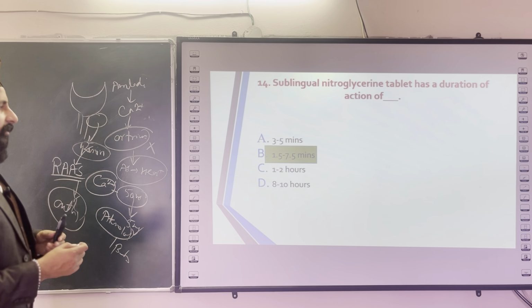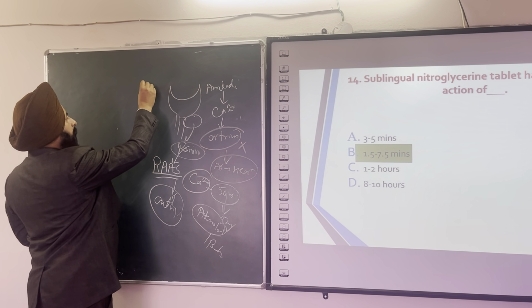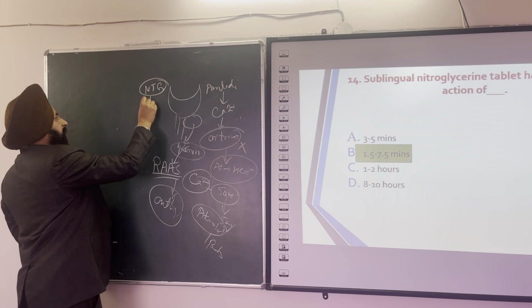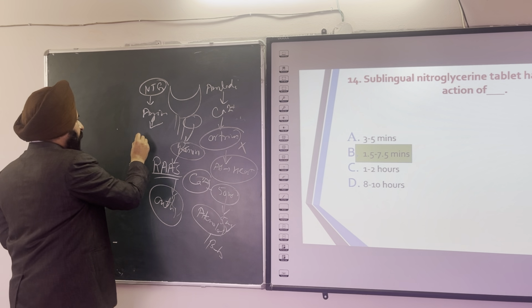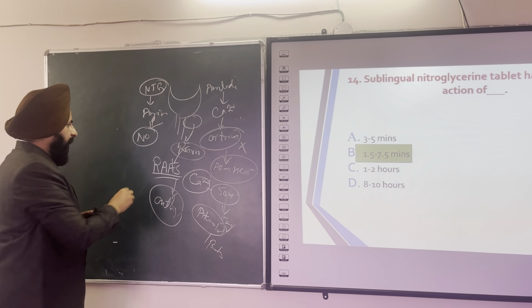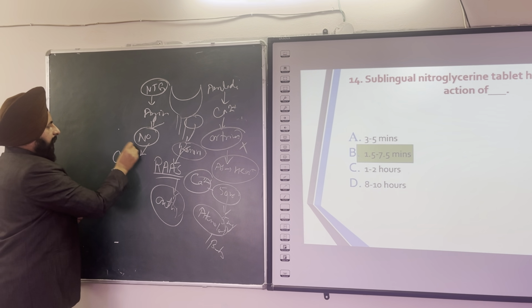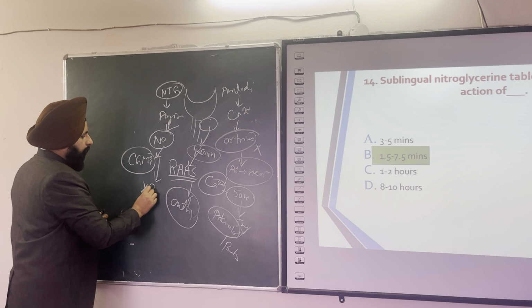Nitroglycerin is used for angina, and it acts by releasing nitric oxide. This nitric oxide increases cGMP and thereby is responsible for relaxation of smooth muscles.